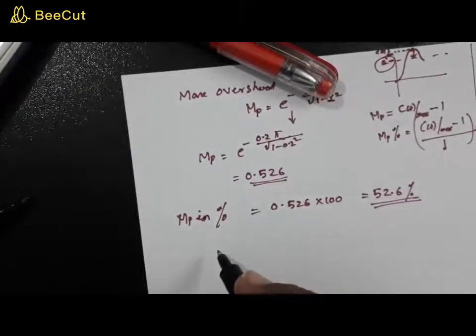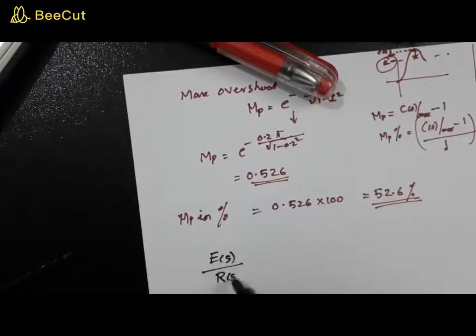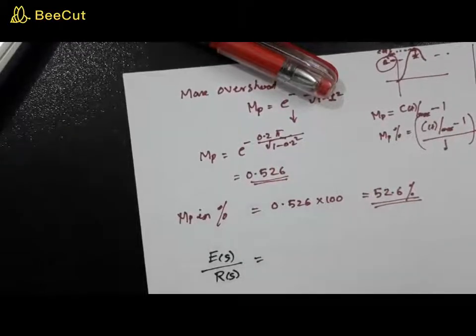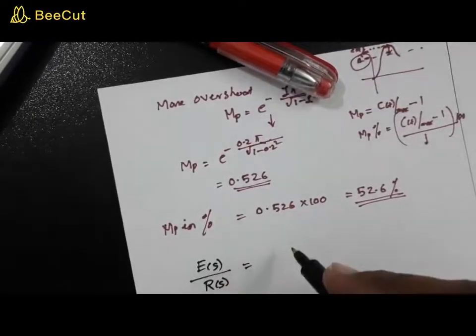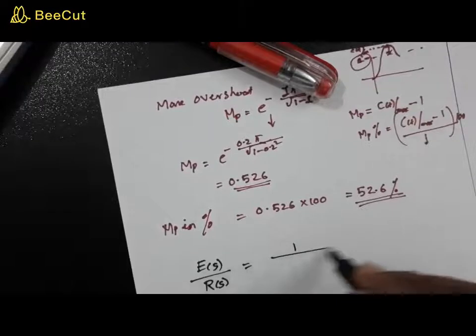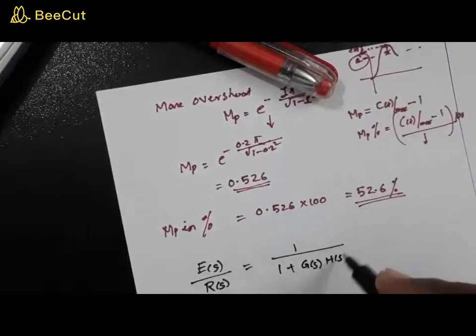What is actually the error equation? E(s). Now we know E(s) by R(s). There is an equation which we studied in the last video, that it is given by 1 by 1 plus G(s)H(s), right?